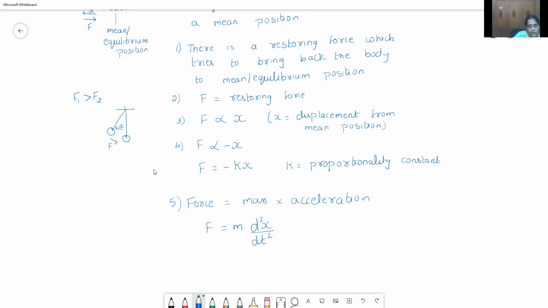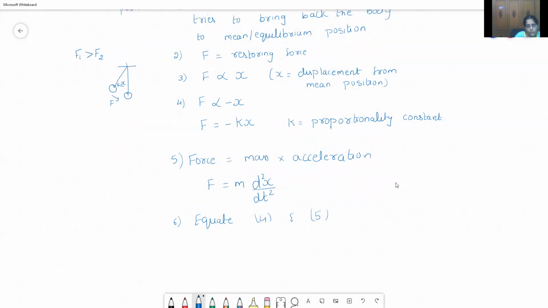Now I have the fourth equation and the fifth equation, so equate 4 and 5. When you equate both of them, you are going to get m times the second derivative of x with respect to t equal to minus kx.